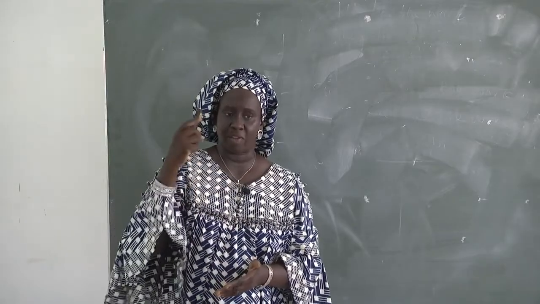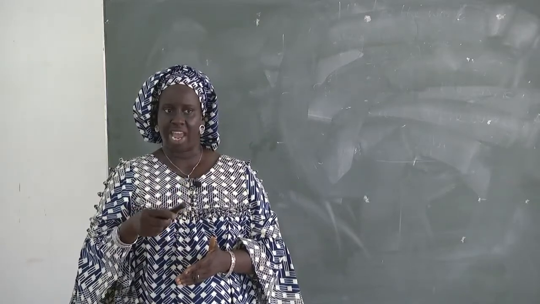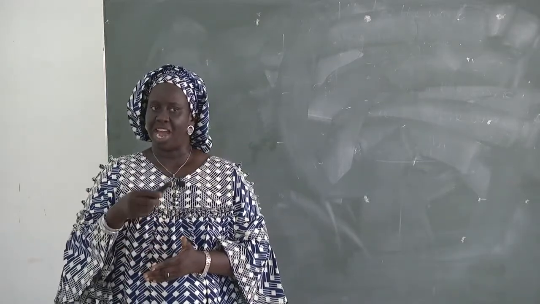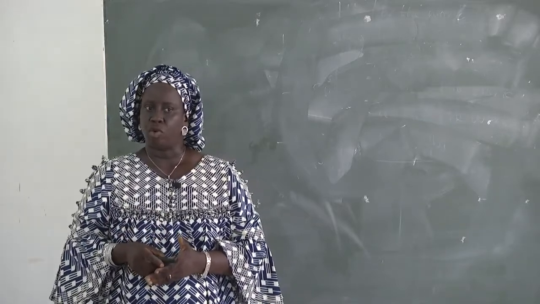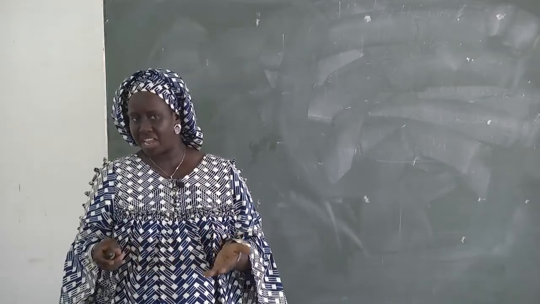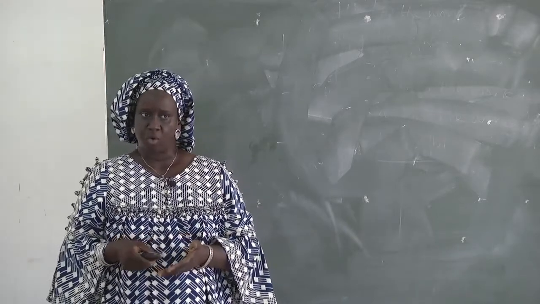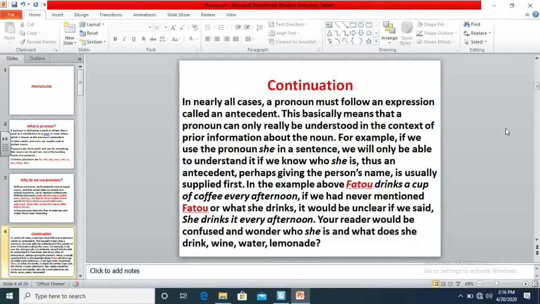Such as in our previous example where we said, Fatu drinks a cup of coffee every evening. If we have never mentioned Fatu or what she drinks, it would not have been clear when we said she drinks it every evening. The reader would be confused and would begin to wonder, who is she and what does she drink?